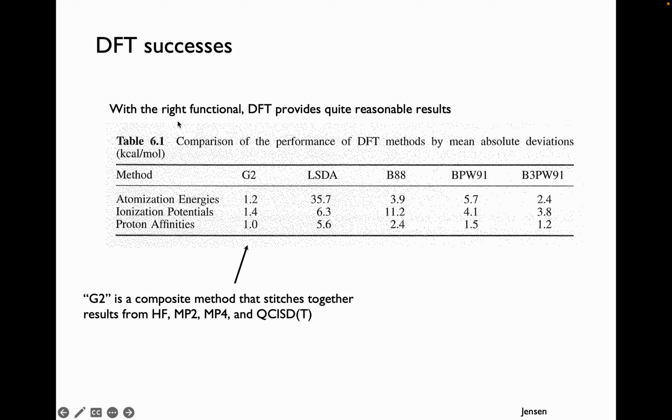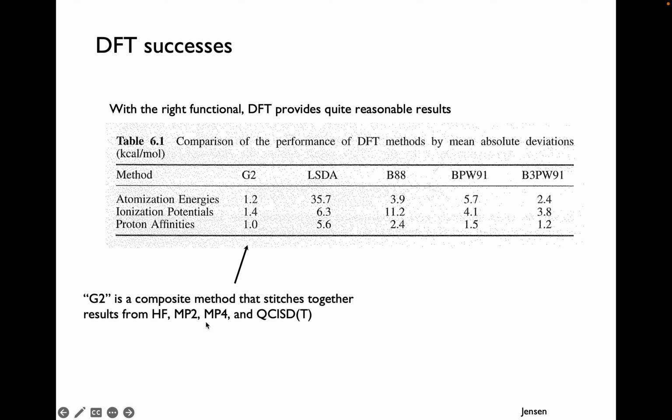So anyway, last couple of things I'll say is that sometimes these density functional theories can give you really reasonable results, and sometimes they don't. So these are just some errors for different density functional theories compared to a composite of different wave function methods.